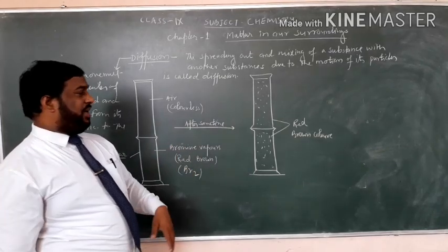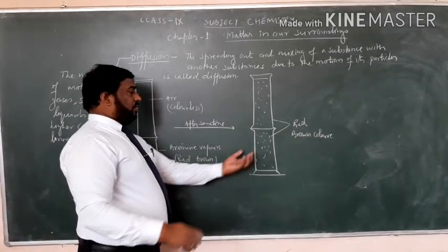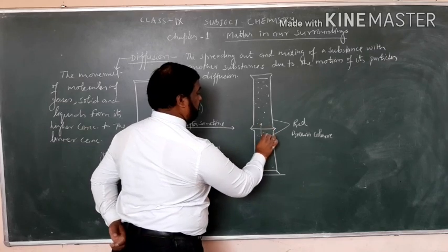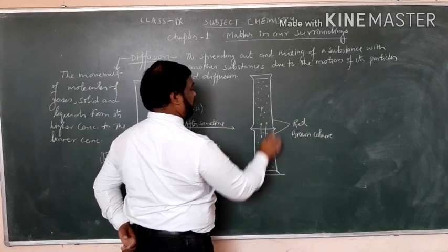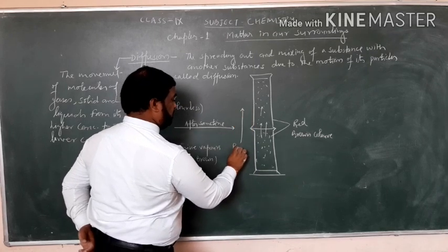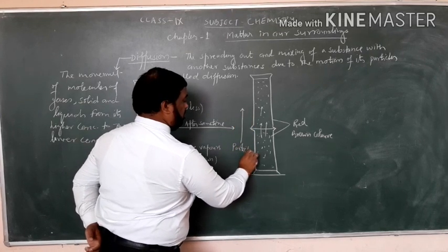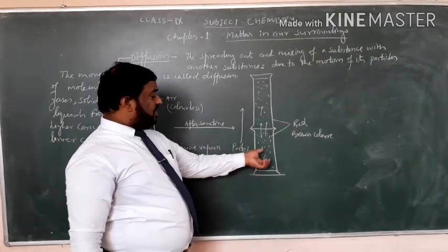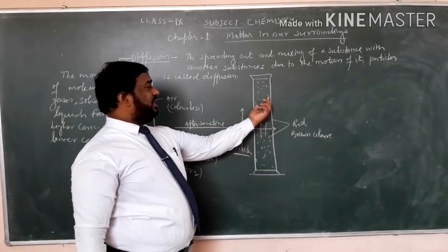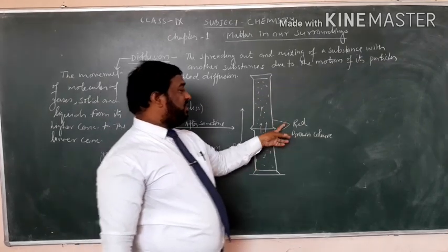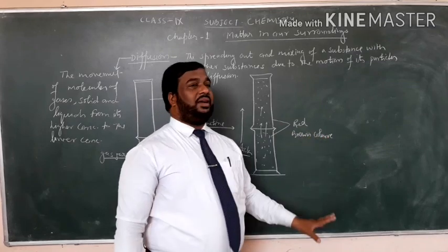After some time, the bromine molecules move up, meaning particles move from one gas jar to another, and both gas jars become red brown in color.